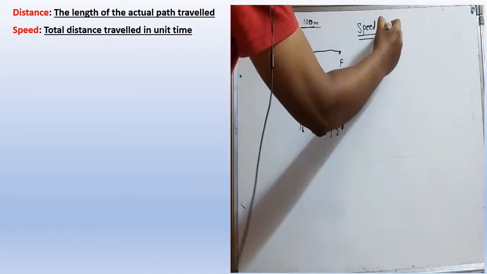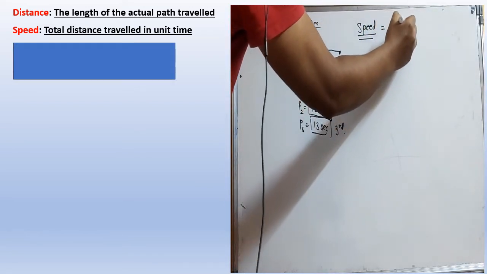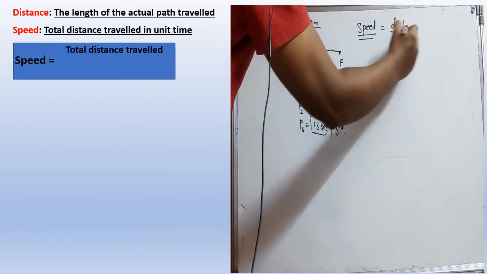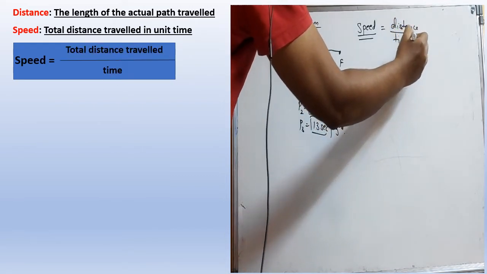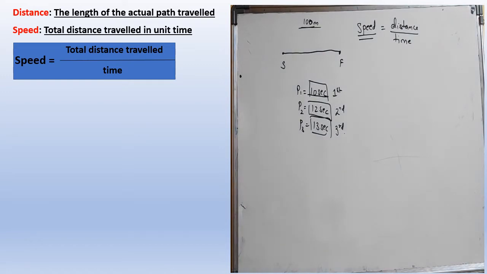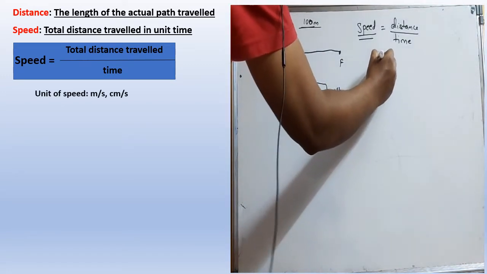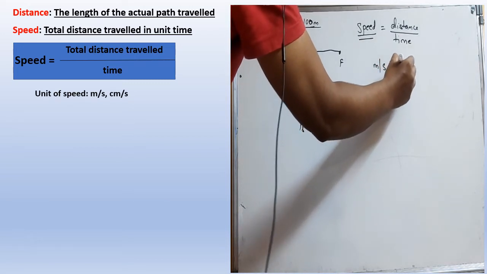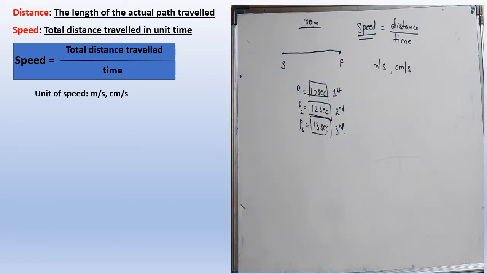The mathematical formula of speed is distance covered upon time, and the unit for speed is meters per second or centimeters per second.